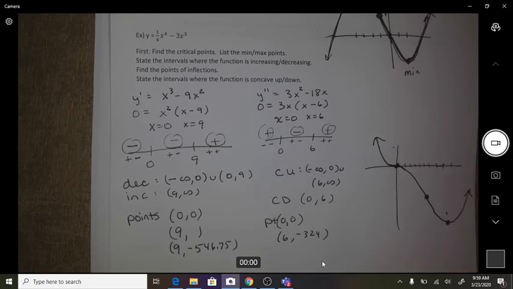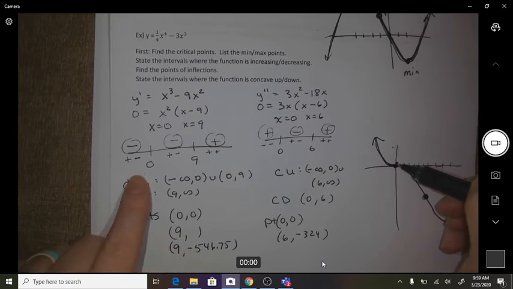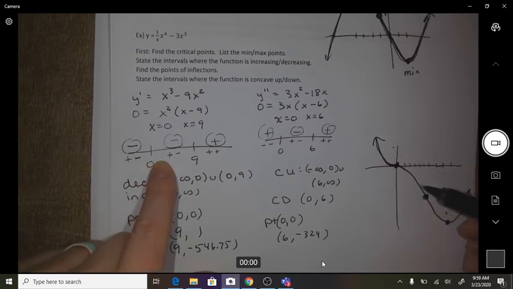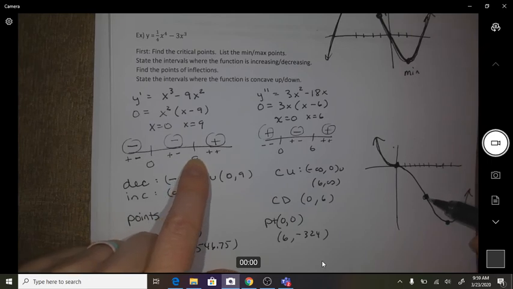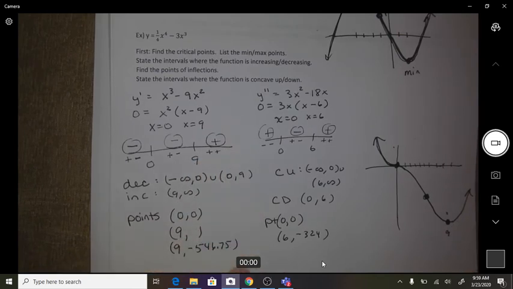So that's what it looks like. Decreasing, flatten, decreasing. And once we get to 9, we start increasing again.